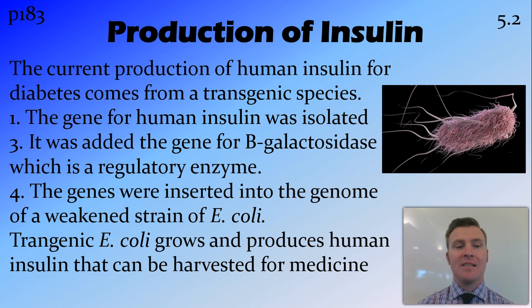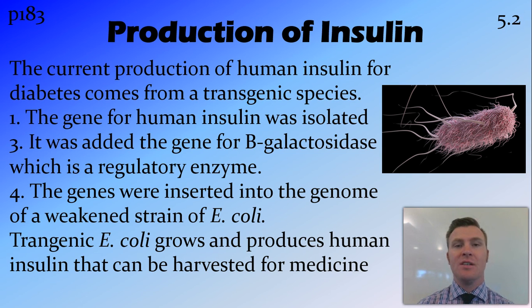They then added the regulatory gene for beta-galactosidase, an enzyme that tells the human insulin when to turn on and when to be produced, as well as needing to turn off other enzymes that work within the E. coli, which would then destroy this human insulin around it. So they needed to turn on some genes and turn off other genes.